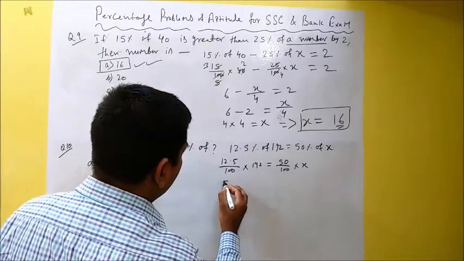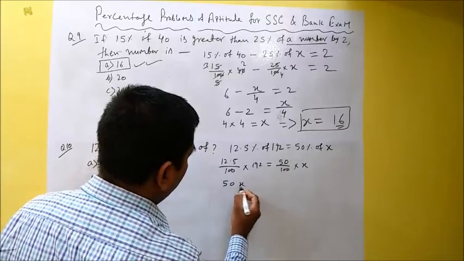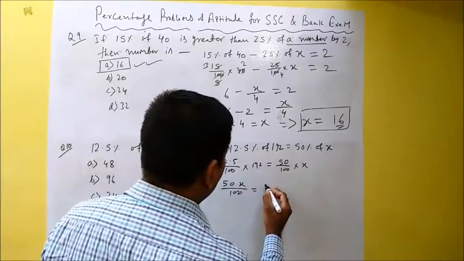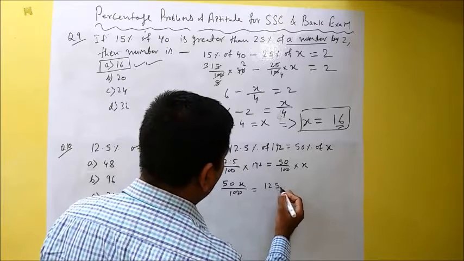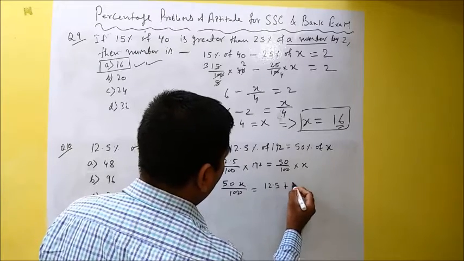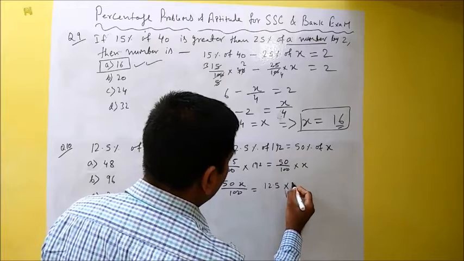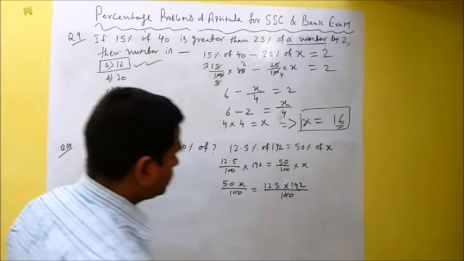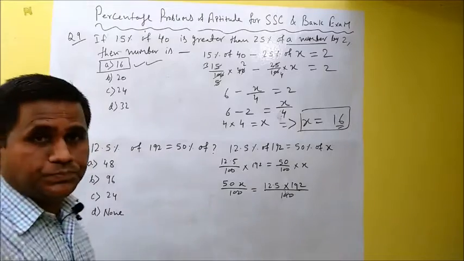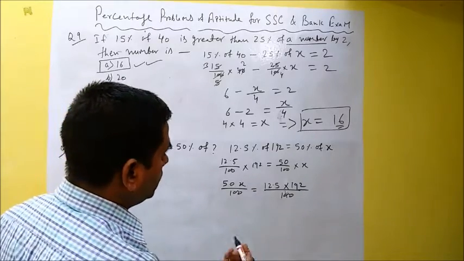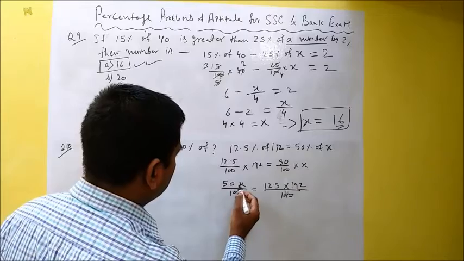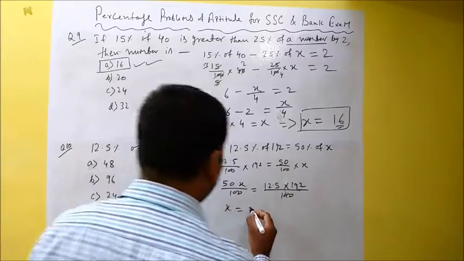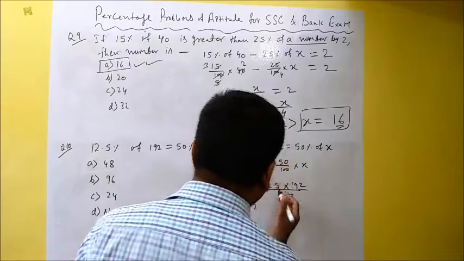So x is equal to 12.5 into 192 upon 100, and this is multiplication.